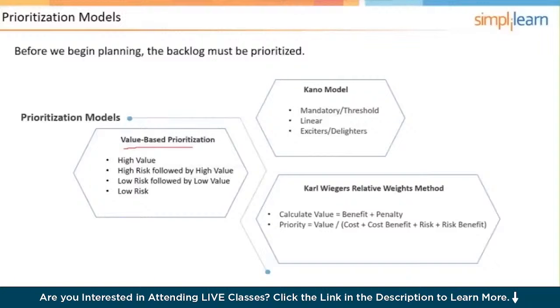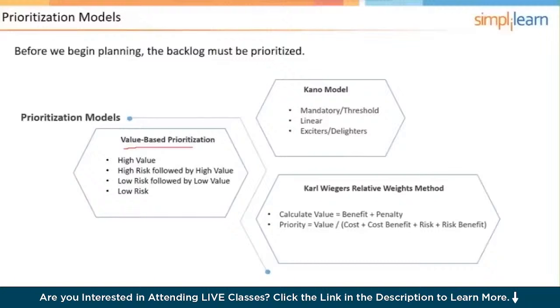Linear items, user stories, are those user stories that as they are implemented progressively throughout the project and added to the feature set, will linearly increase customer satisfaction. And in their absence, there can be dissatisfaction, all the way up to high implementation, creating a great deal of satisfaction for the customer.